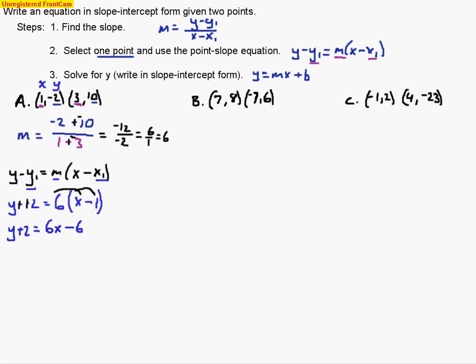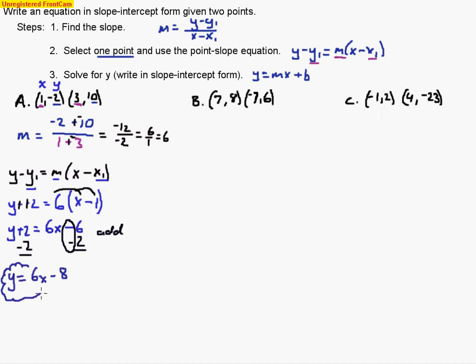And just one final step there, that is to isolate the y a little further by doing an opposite operation. So there's a plus 2, so I'm going to take 2 away. And I take 2 away, and remember, if we have the same sign, we always add those two numbers together. So then my answer will end up being y equals 6x minus 8. And so there's my slope-intercept form.